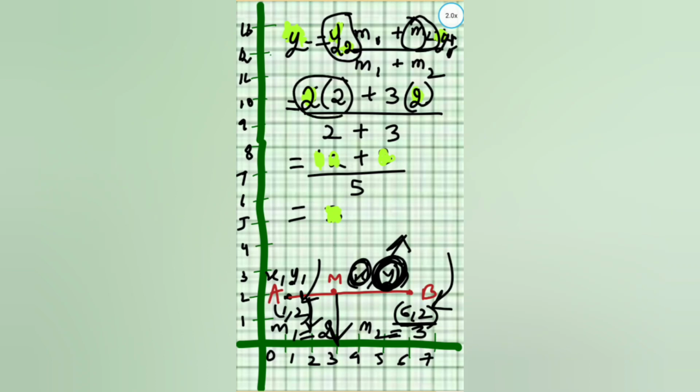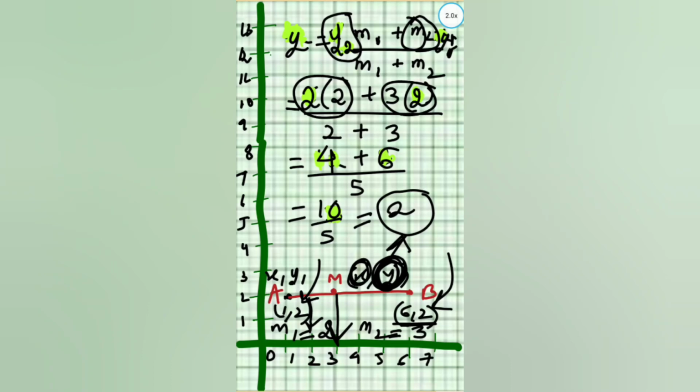So how much do I get? 2 multiplied by 2, I get 4 here. 3 multiplied by 2, I get 6 here. 4 plus 6, 10, divided by 5, I get 2 here. So y is 2.